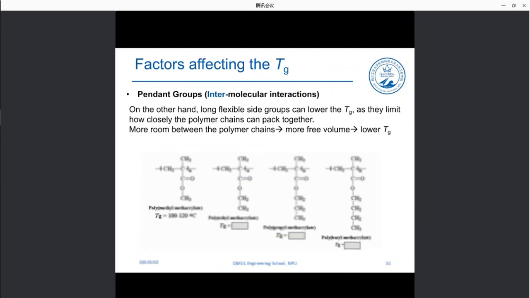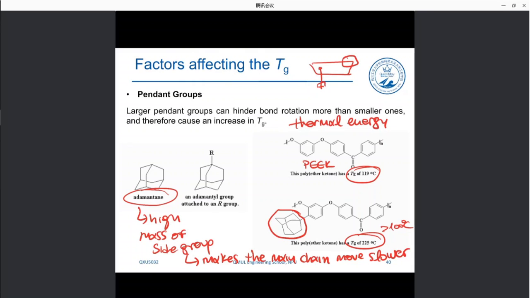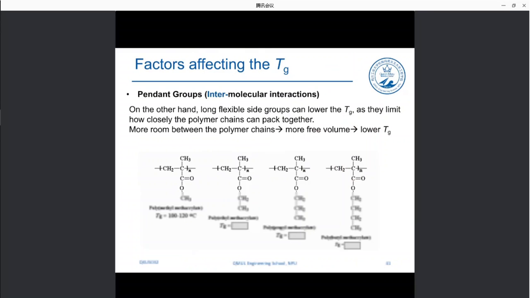But of course, we have groups that don't behave the same as these very large groups, like adamantane, okay? The simplest case of a side group can be methyl groups, let's say. If we add more methyl groups, we elongate the side chains. You can see this is longer, shorter, shorter, and shorter, okay?